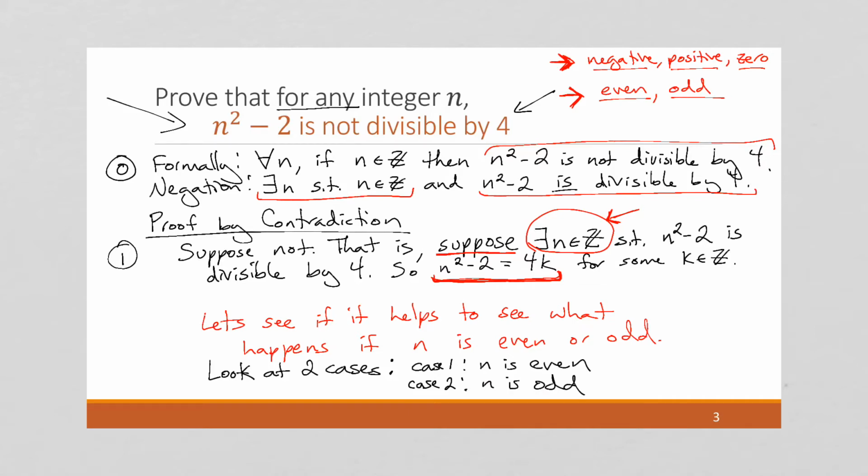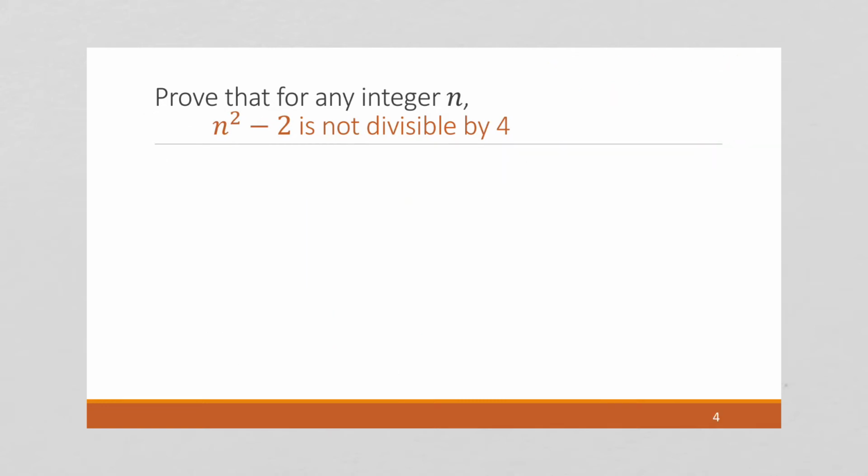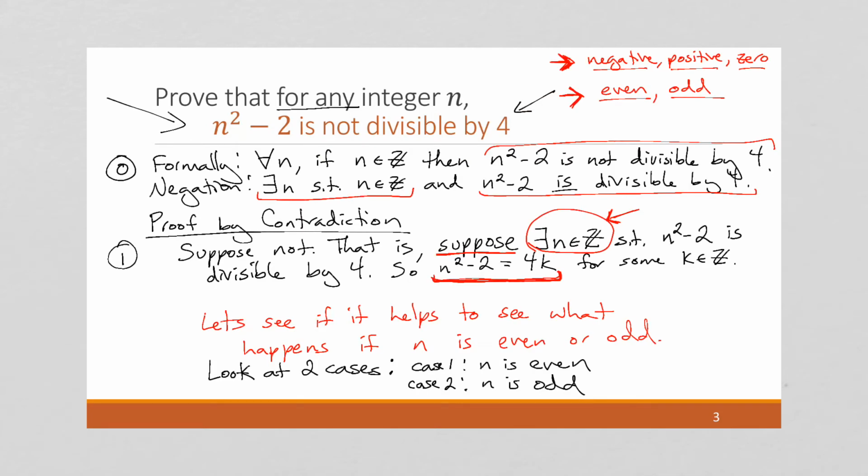Okay, so let's move to the next page. And once again, I'm going to start at the top. I'm going to grab my supposition, which is right here, step 1. I'm going to copy that onto the next page.